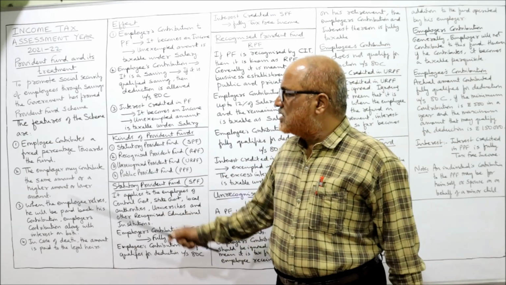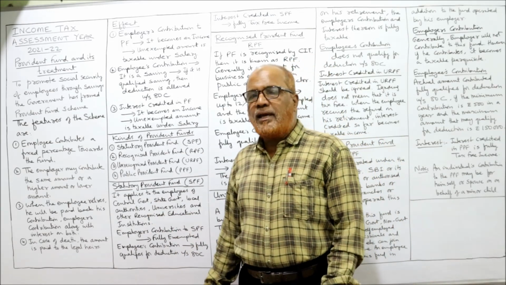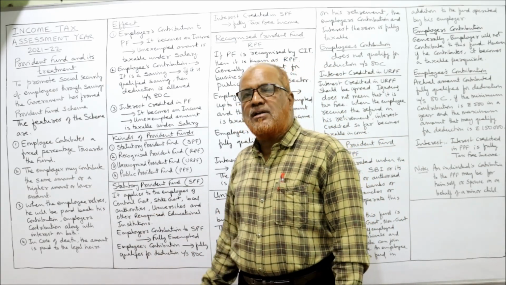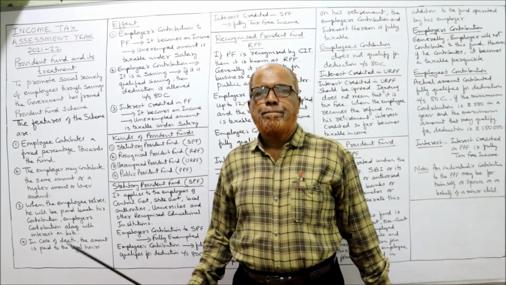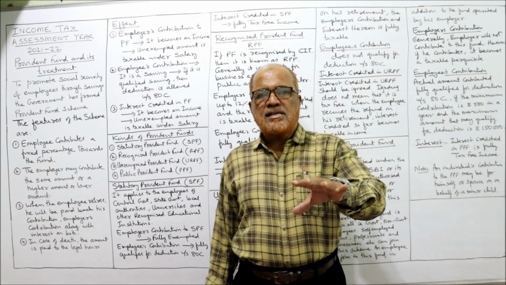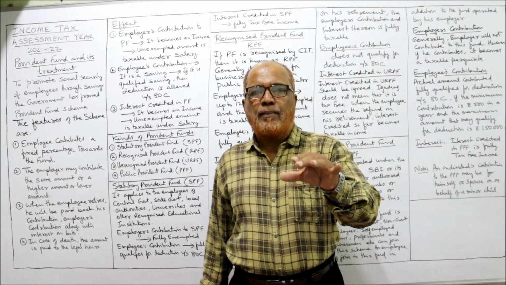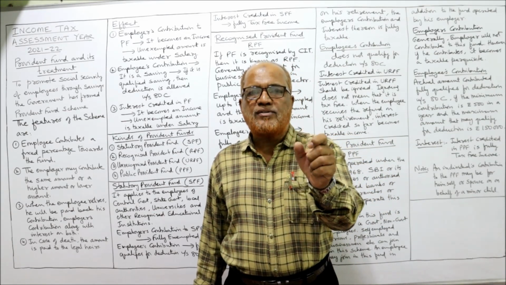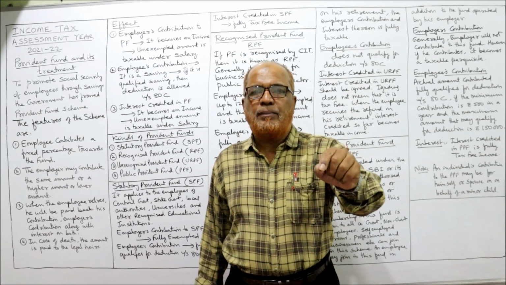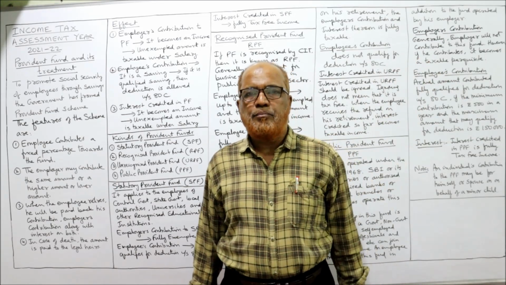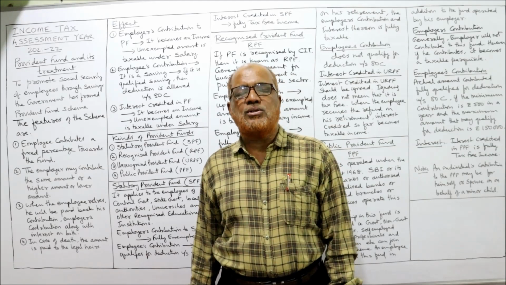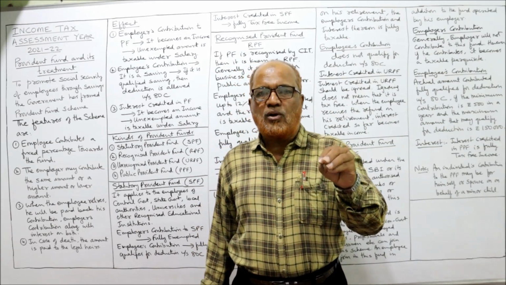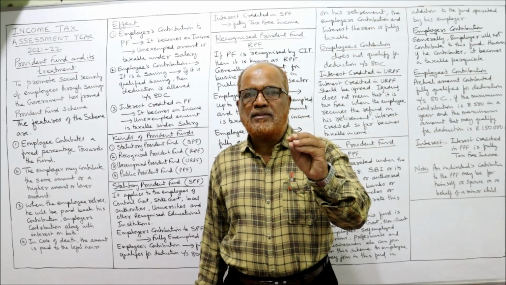The features of this scheme are: first one, the employee contributes a fixed percentage towards the fund, Provident Fund. Normally there is a provision that every month 10% of the salary of the employee will be contributed towards Provident Fund. Example, if an employee's salary is 50,000, 10% of 50,000 comes to 5,000.